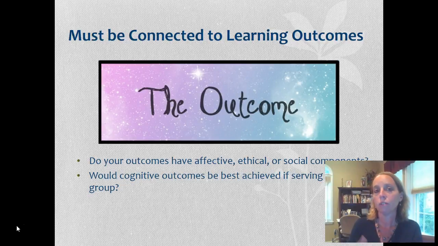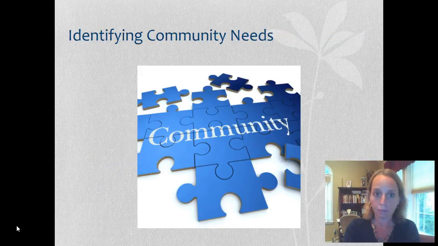So how would this maybe help students climb that Bloom's taxonomy and get to the higher levels of cognitive engagement? And oftentimes when students are out there making a difference in others' lives, that really does enhance the cognitive engagement. And of course, if you use Fink's model, that caring component is definitely going to be there with students who are engaged in service learning projects.